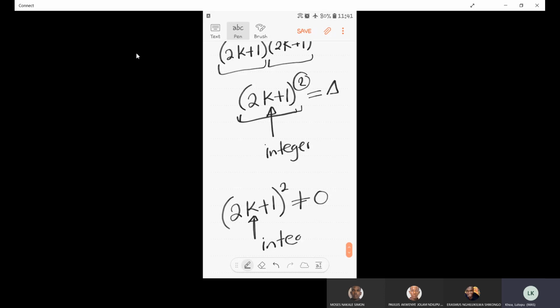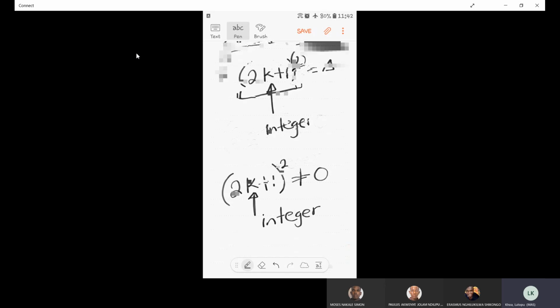If you put any integer over there, you can never make 2k+1 equal to 0, because the number you need to substitute for k is negative a half, but negative a half is not an integer. So that is why your roots are real, they are rational, and they are unequal.